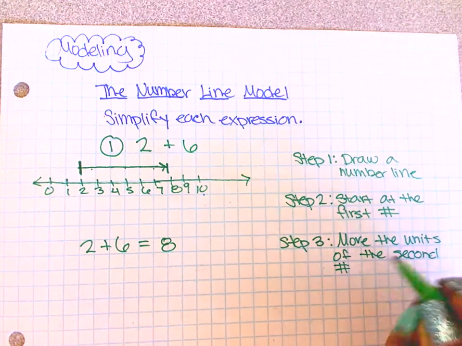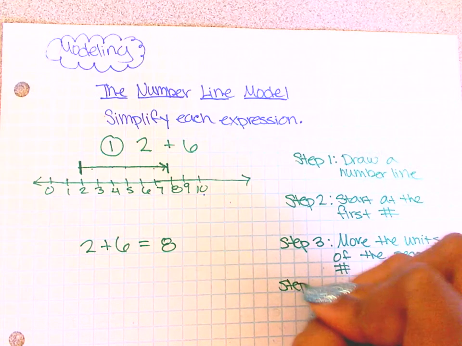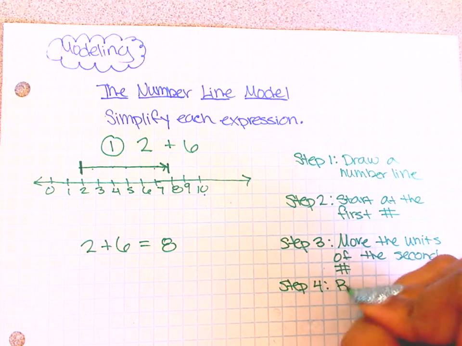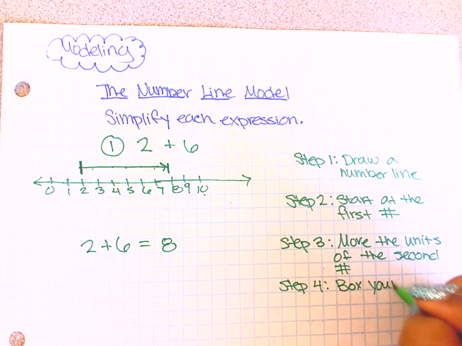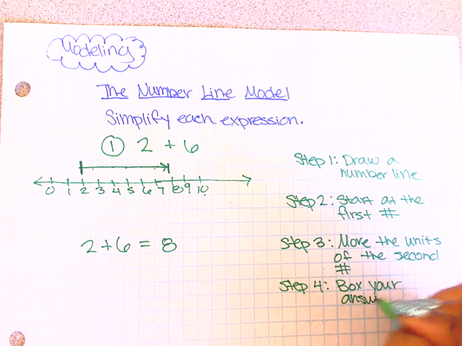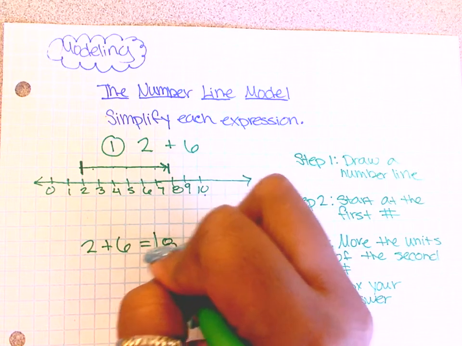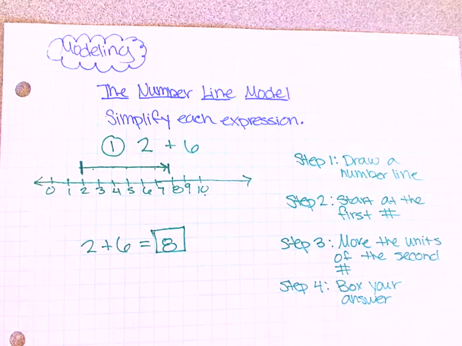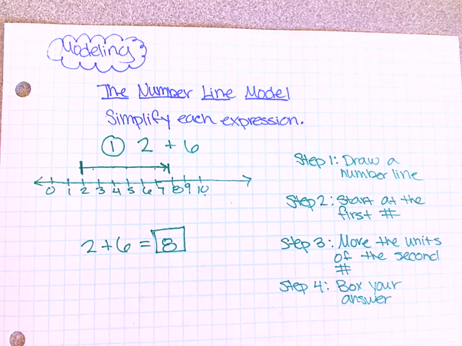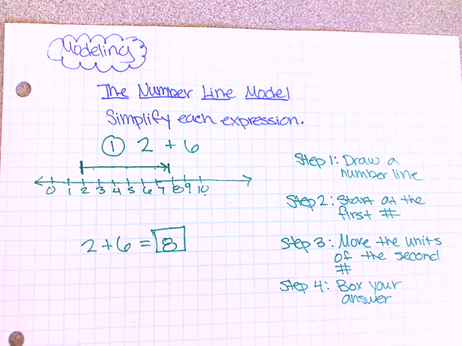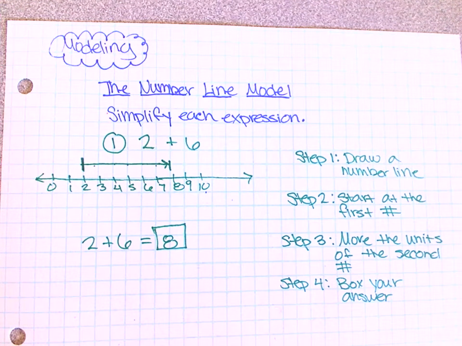My last step will always be, and I'm not going to always write this down at the beginning of the school year, just to remind you, please box your answer. It's easier for you to see, it's easy for me to see, and we'll all be happy campers. I know you can do 2 plus 6 in your head, but it's just showing you. You can use a number line. There's a visual in the front of the classroom if you need to count to visually see.